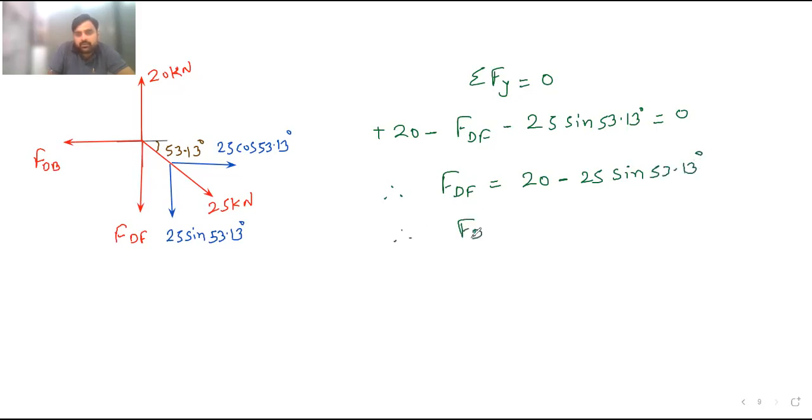Therefore, FDF is equal to, let me know the answer. What is the answer?